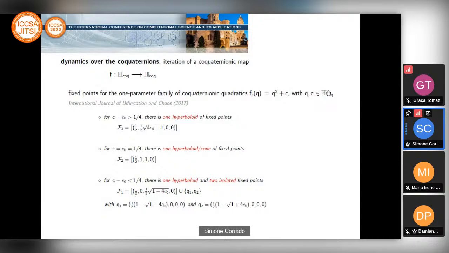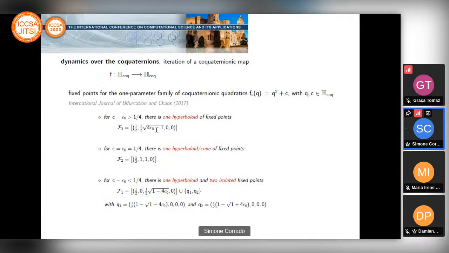This is valid for C equal to C real, a real parameter. We proved already that for values of the parameter C non-real, there are no fixed points of F. But for C a real parameter, we proved that there are three situations according to the value of C naught, but the important thing is the idea that we can have sets of fixed points.